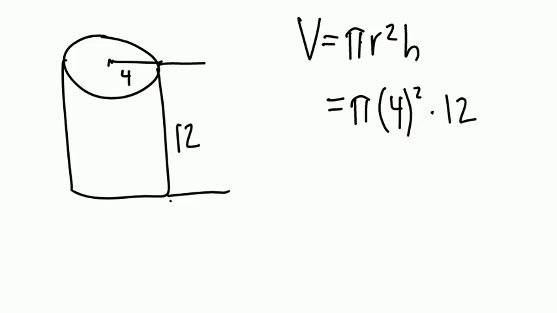In this problem, our cylinder has a radius of 4 and a height of 12. If we plug these numbers in, volume equals pi times 4 squared times 12.